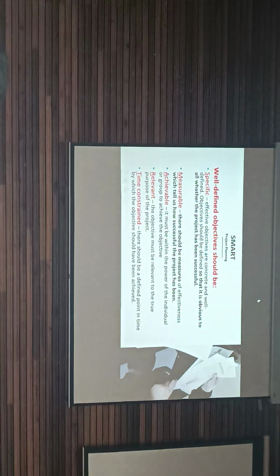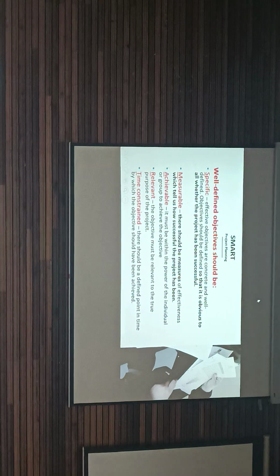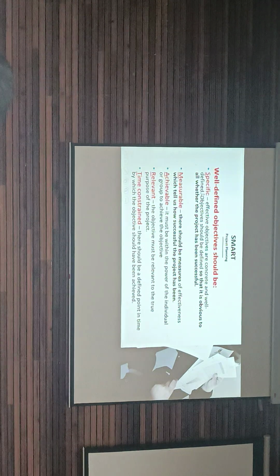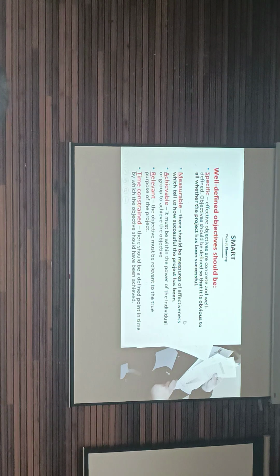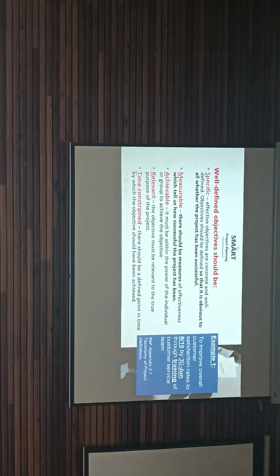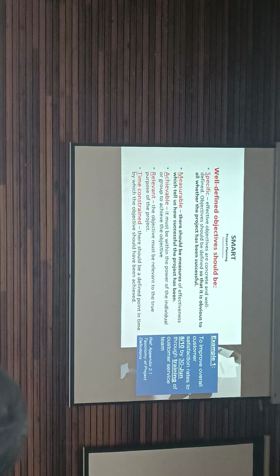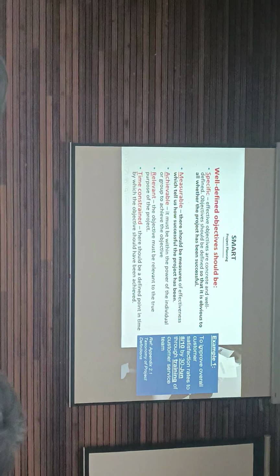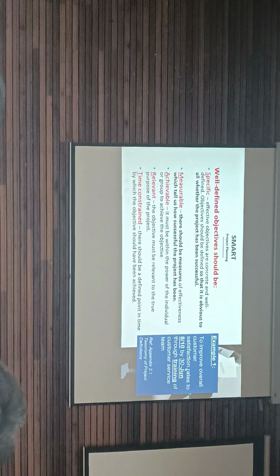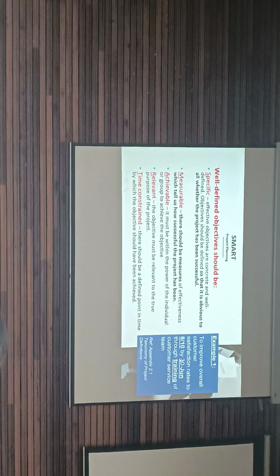Try to write a project objective that will satisfy the SMART criteria: specific, measurable, achievable, relevant, time constrained. That will be a good objective. Example of a SMART objective: to improve overall customer satisfaction rates to 8/10 by 30 June through training of the customer service team.